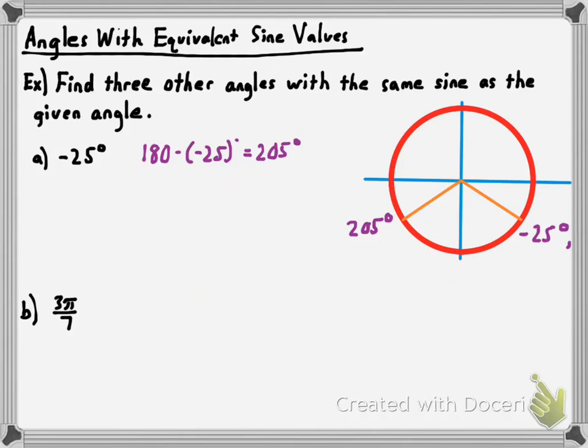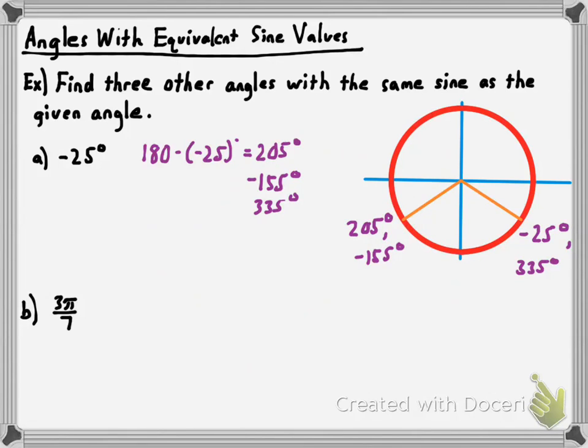If I add 360 to that, I get 335 degrees. And again, trying to keep this between negative 360 and positive 360, if I want to find a coterminal angle with 205, I'm going to have to subtract 360 degrees. And that would give me negative 155. There you go. That's three angles with the same sine value as negative 25 degrees.